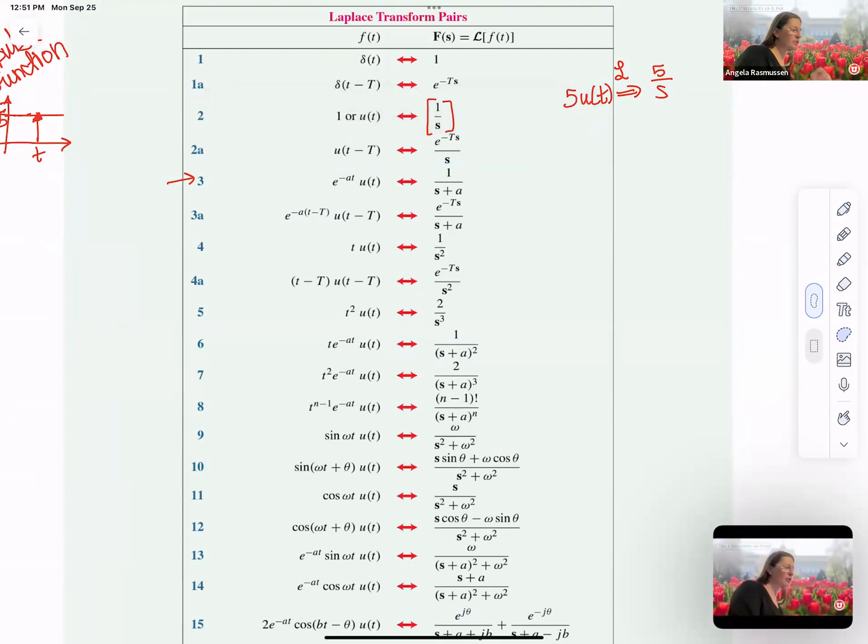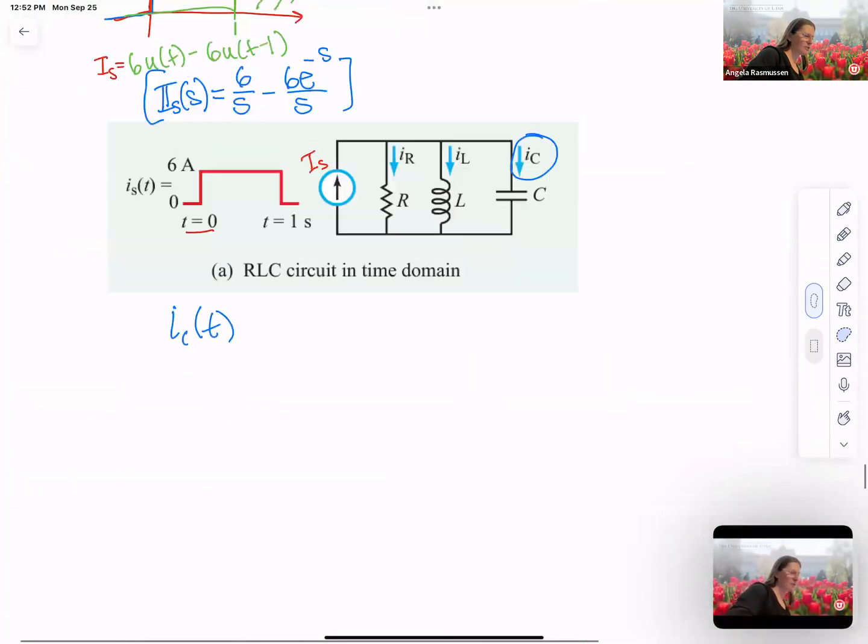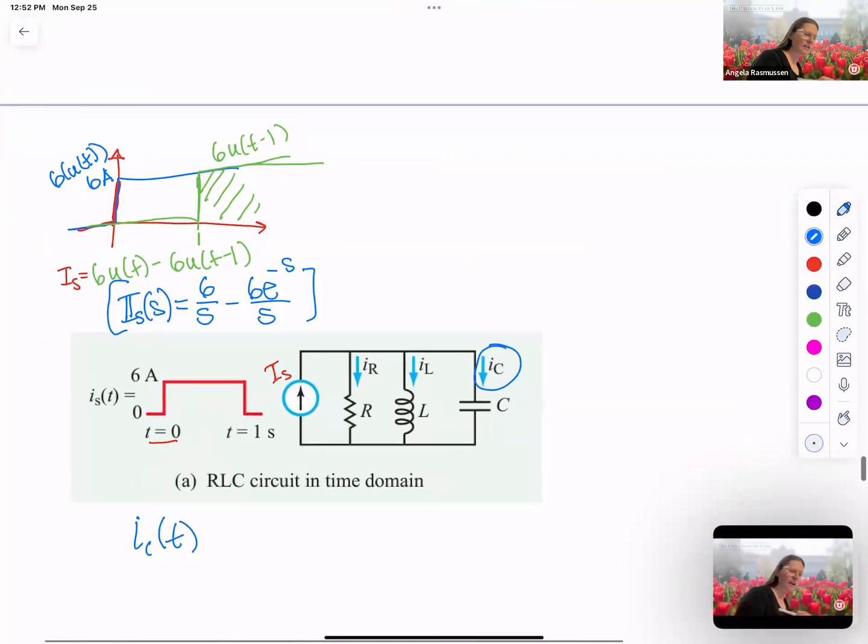Okay, so the U of T is 1 over S. If you have a number, remember you can bring that out. Let me go down and rewrite it here. So if you have a number, I can rewrite that number.